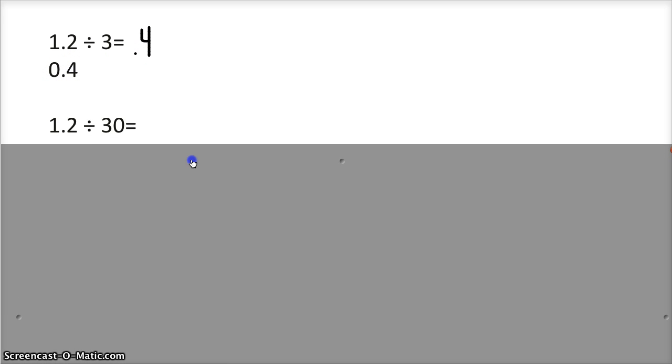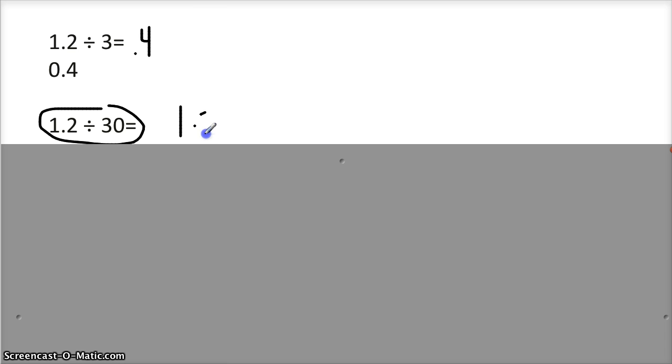Now if I take that one step further, and I am adding on a 0 here, there's a couple different ways to explain it. I'll tell you how Eureka Math New York thinks about it first. So they say that this is the same thing as this.